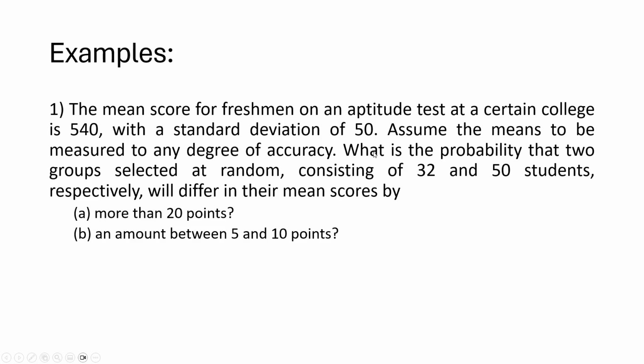What is the probability that two groups selected at random, consisting of 32 and 50 students respectively, will have their mean scores differ by (a) 20 points or more, and (b) an amount between 5 to 10 points?